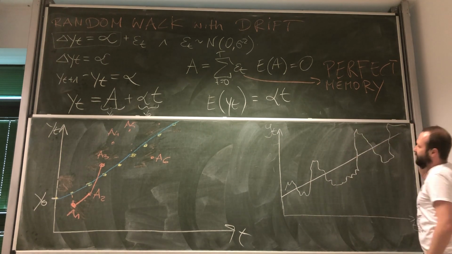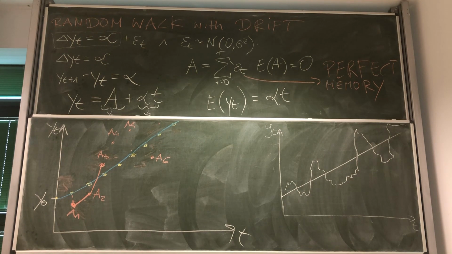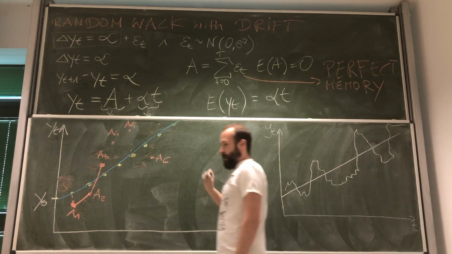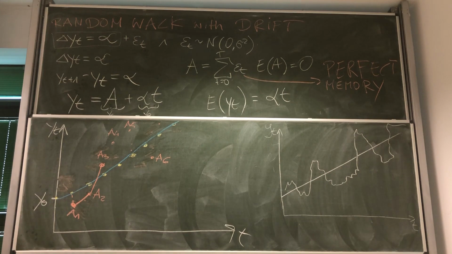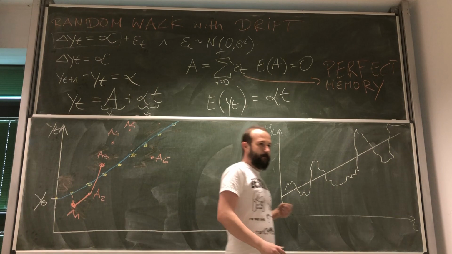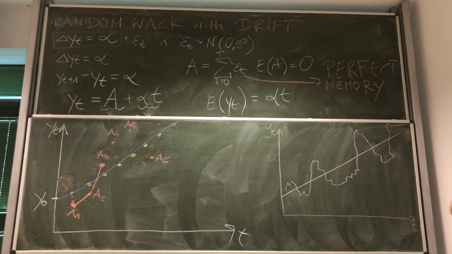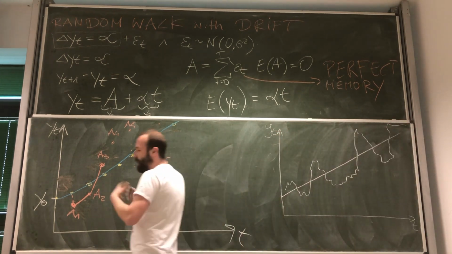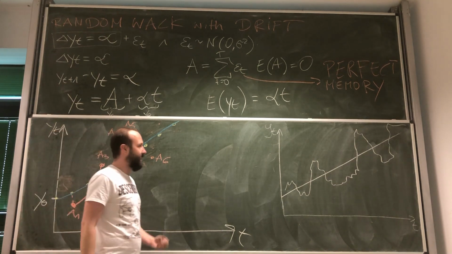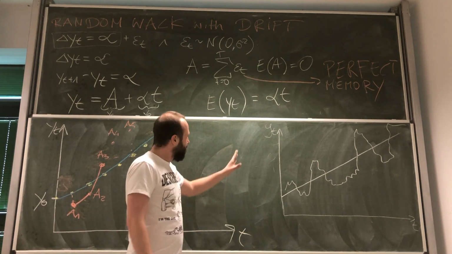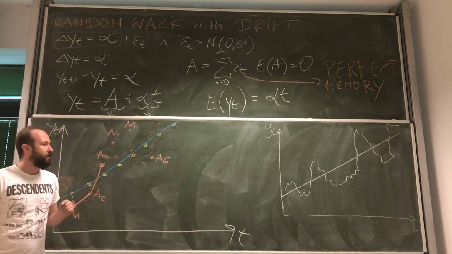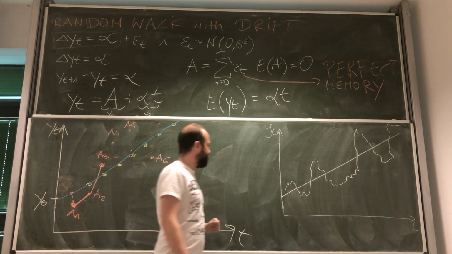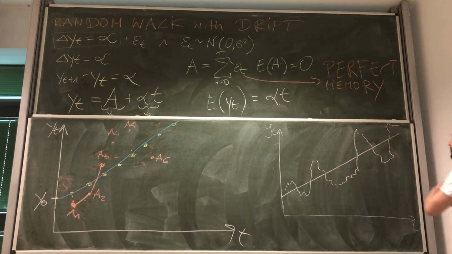Again, when I draw this for you on a computer, it looks way better. What you see now is probably something that resembles things you saw in your microeconomics class or in your finance class a little bit more. This kind of looks like GDP, or maybe even some stock prices.